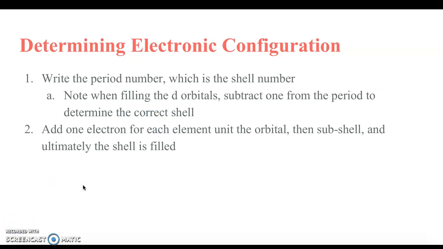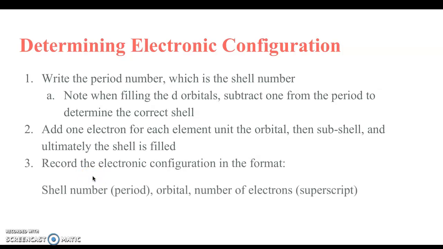Add 1 electron for each element until the orbital, the subshell, and then ultimately the shell is filled completely. Then record the electron configuration in the following format: shell number, or the period on the periodic table, then orbital, so s, p, d, or f, and then the number of electrons in that orbital as a superscript.